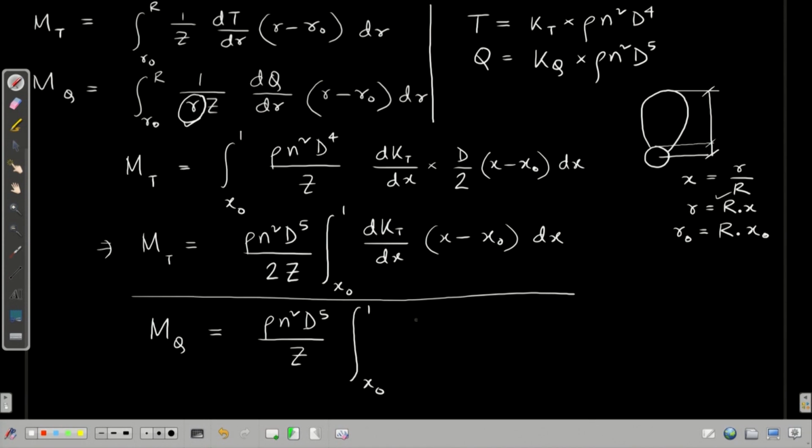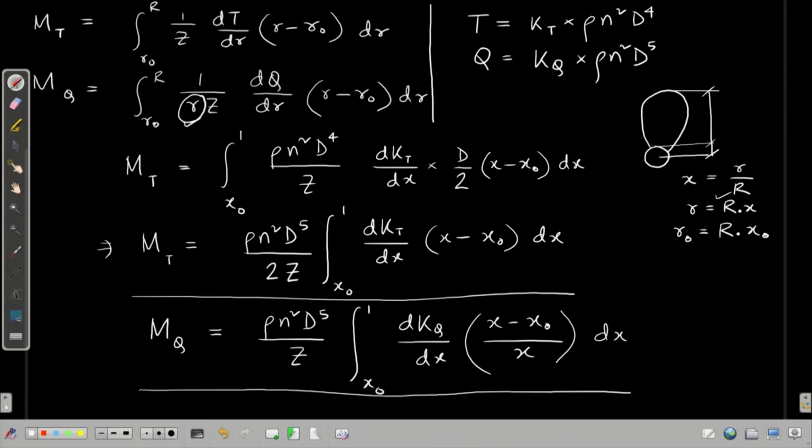So, the expression will be written in this form into dkQ by dx. This additional x will come from the r term. These two equations give the bending moments due to thrust and torque as a function of the thrust and torque coefficients of the propeller blade.